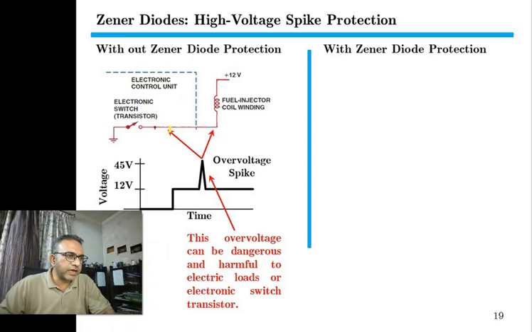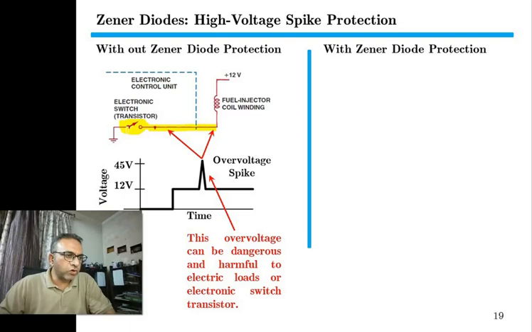This is our circuit diagram. There is no Zener diode: 12 volt, the fuel injector and the switch. As the switch is turned on and off, there is a voltage spike, and this voltage spike will be available across the electronic circuit, and it will be harmful to electrical loads or the electronic switch itself.